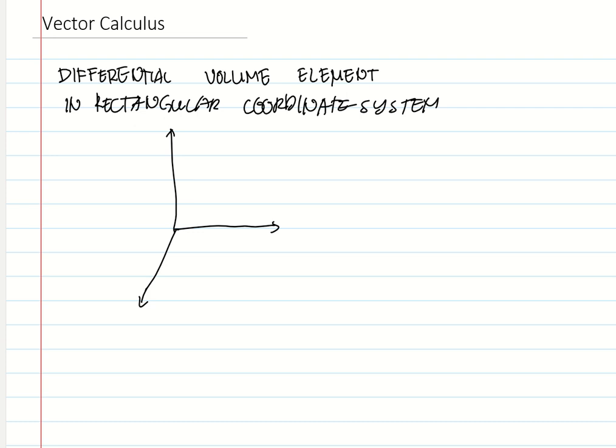So what happens is those curved lines become straight lines. So if we take a differential volume, we can just look at a cube, or rectangular prism, with the different sides.